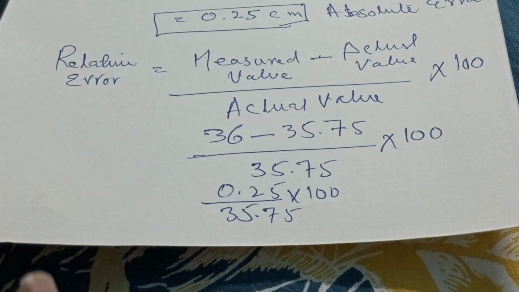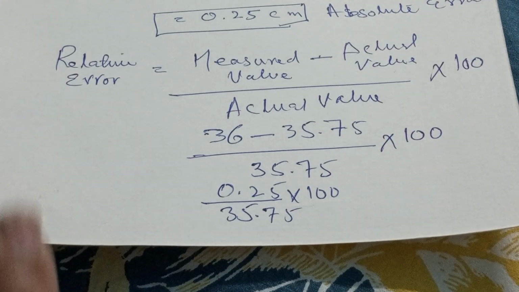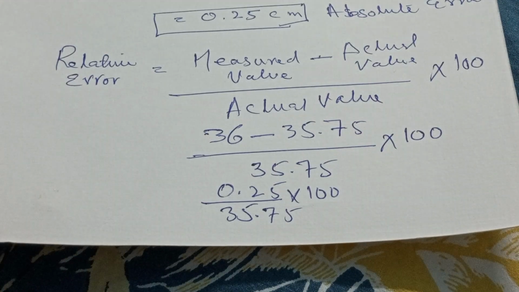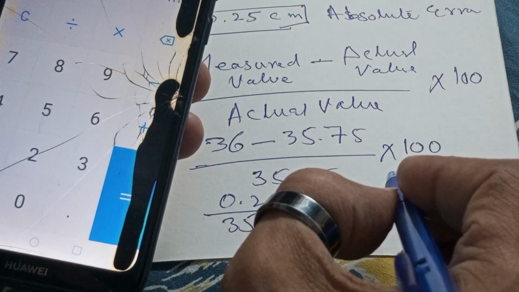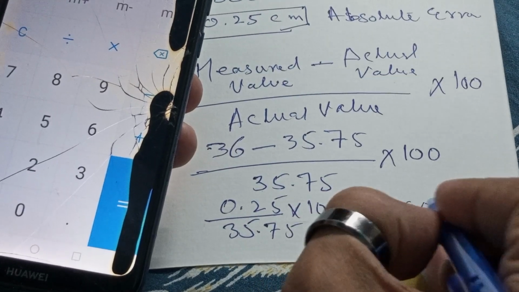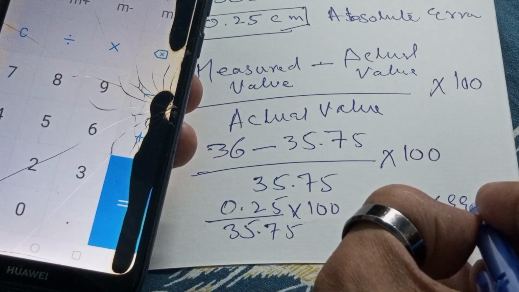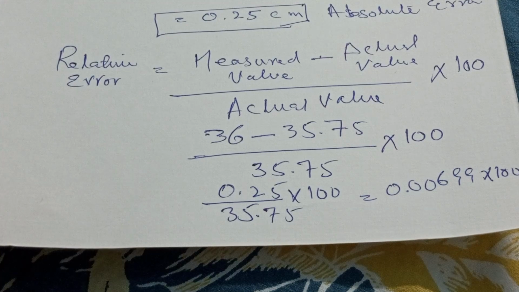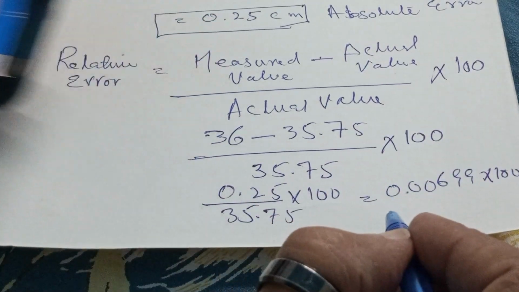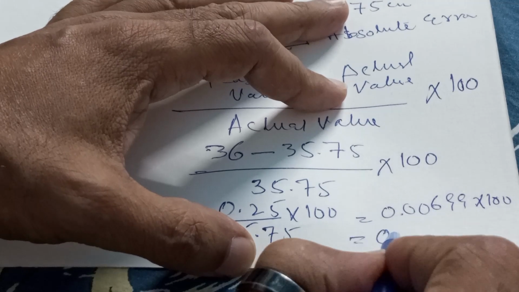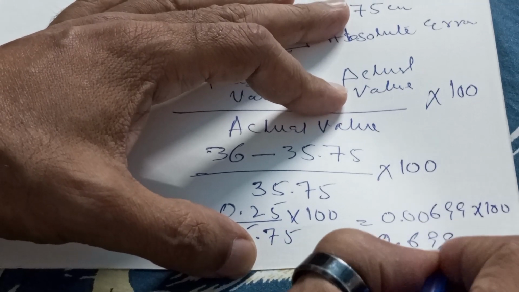You can also calculate 0.25 divided by 35.75. So we have obtained this value 0.00699, then multiply with 100, so you will get 0.699.